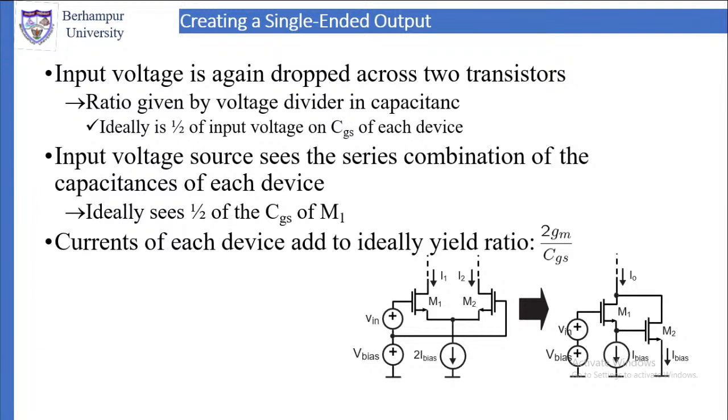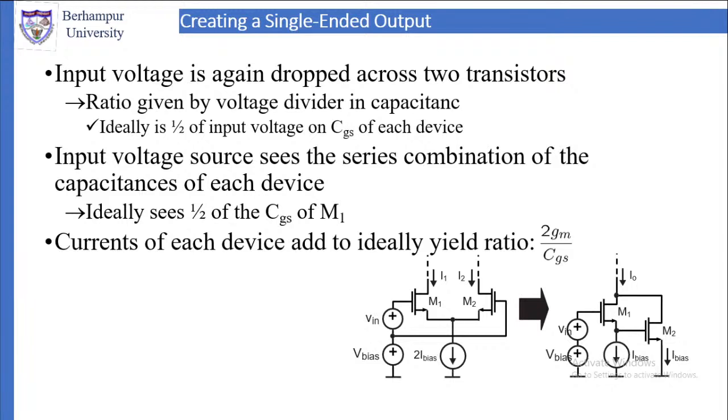That results in the ratio given by the voltage divider of the capacitances, which is ideally 1 by 2 of the input voltage on CGS of each of the devices. The input voltage source sees the series combination of the capacitances of each of the devices, M1 and M2. Ideally, it will see 1 by 2 of CGS.